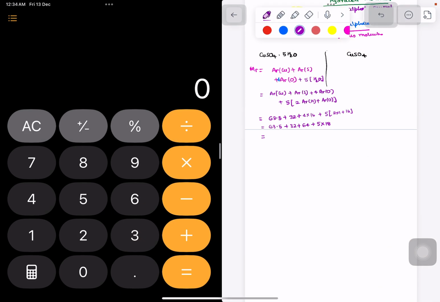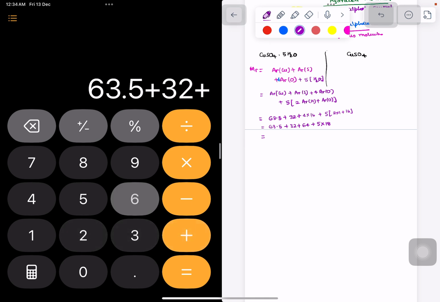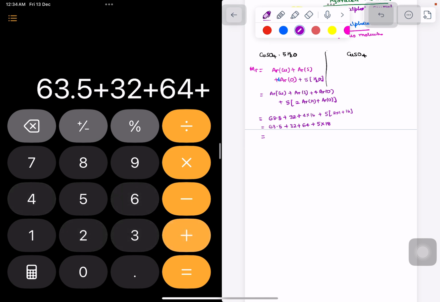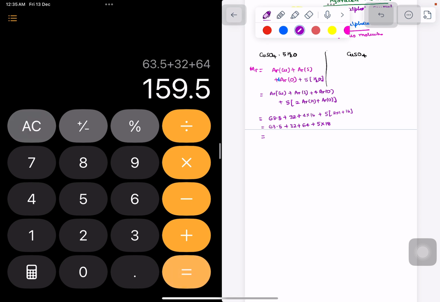So I have 63.5 plus 32 plus 64. So first let me do this one.